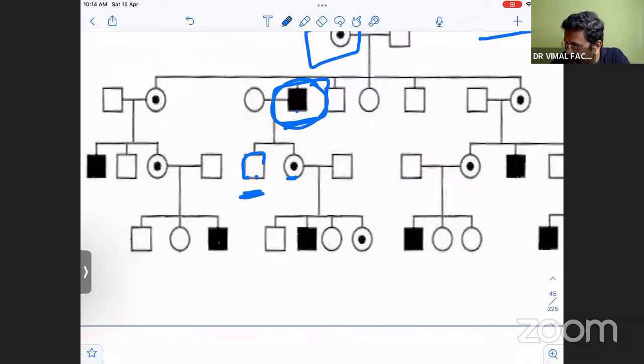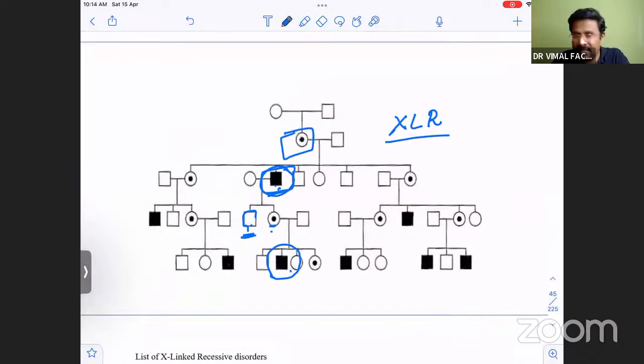A carrier female gives the X chromosome to the son, so the son is getting affected, because it is X-linked. Father gives only the Y chromosome to the son. So the father will not transmit the disease to the son, but a carrier female will. So this pattern of inheritance is called X-linked recessive.